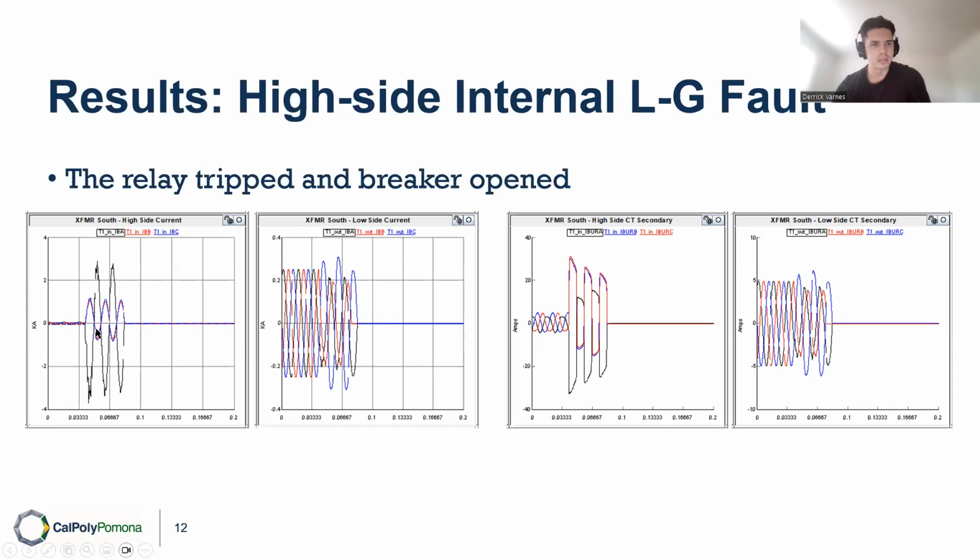And then about one cycle, maybe 1.5 cycles after that fault occurs, that current gets wiped out. The 87 element works, of course, very quickly. This is how we're indicating that the relay is working correctly, that it's tripping on that internal line to ground fault.